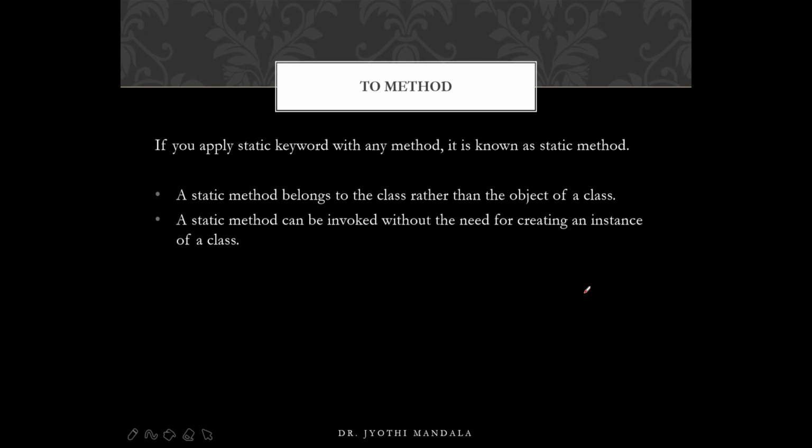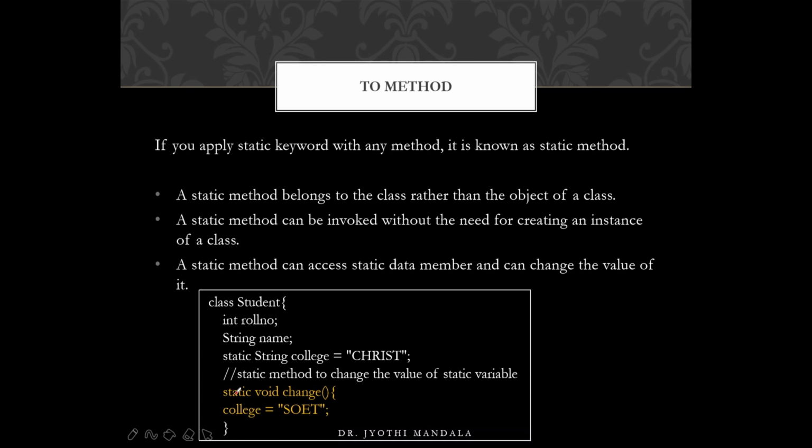Normally how we used to do it, I'll show you one example. If this is not static, we have taken one class called Student, and here we have a roll number, a name, and one static variable. If this method is not static, then to call the change method, we need to create one object of Student, let us call that object S1, then dot, and call that method change.